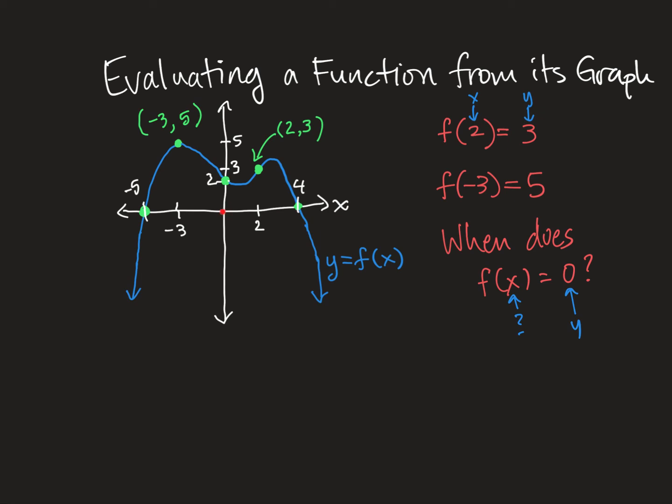And then I want to look left and right. Are there points where the y value is 0? And there are. There's 2 of them. There's this point at x equals negative 5, and there's this one at x equals 4. So the fullest correct answer to that question is, when does f of x equal 0? When x equals, oh, wrong color. Pardon my OCD. I've got to fix it.